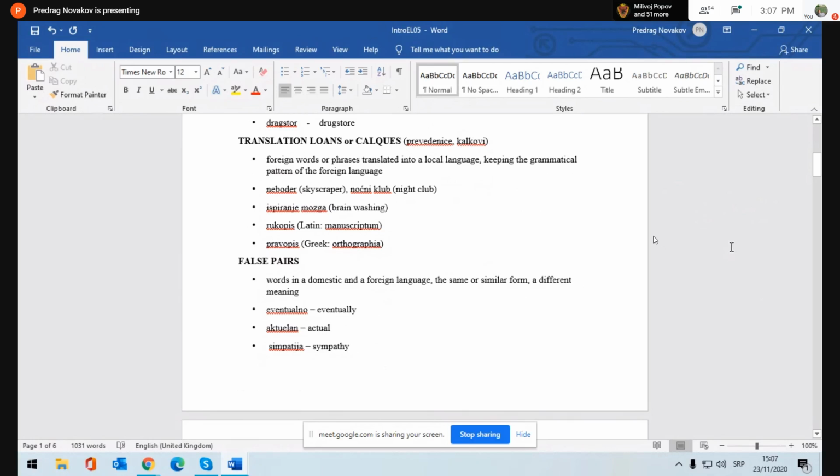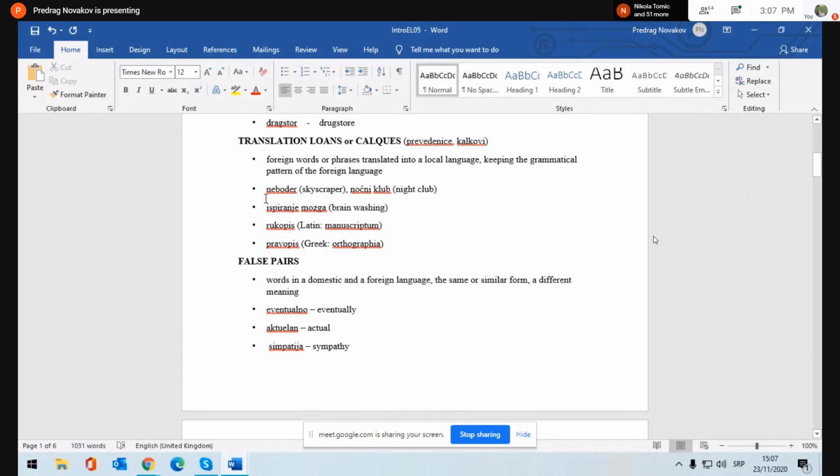It is not anything especially difficult, but it means that you have foreign words or even phrases, and we translate them into the local language, but this is important, keeping the grammatical pattern of the foreign language, okay? Literally translating them, okay? And then we call them translation loans or calques, okay?